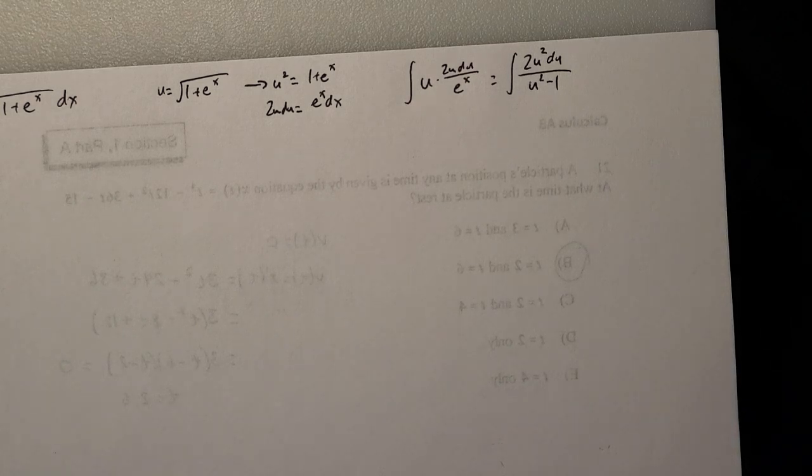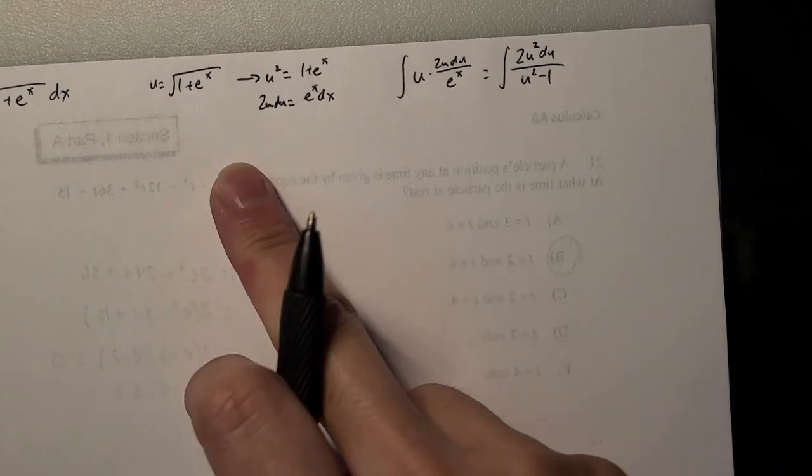I actually did it a different way in a previous video, where I let u be just 1 plus e to the x. I think my previous method was more roundabout, so let me just do it like this.